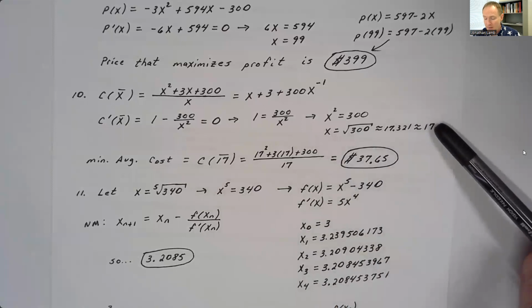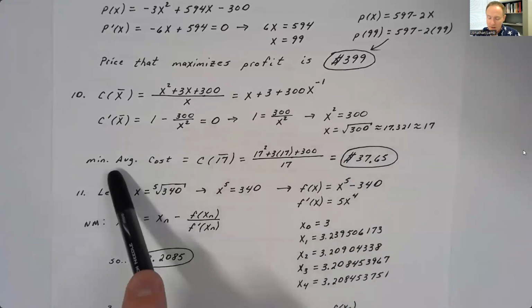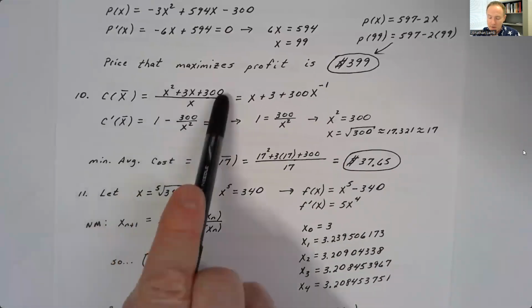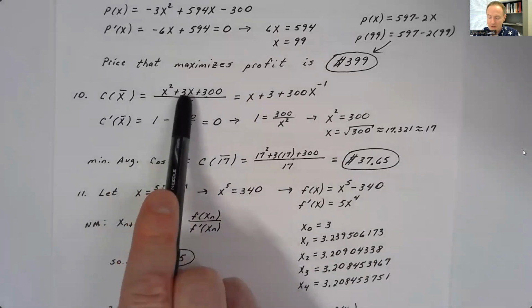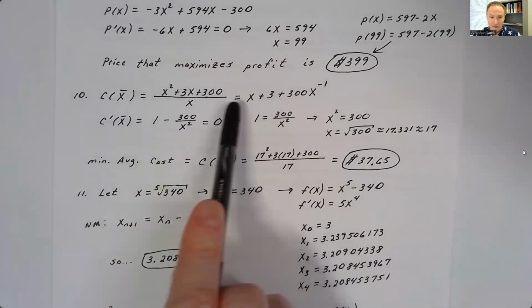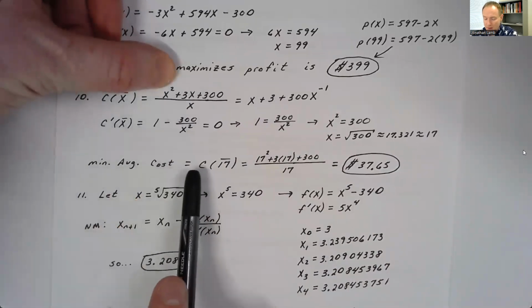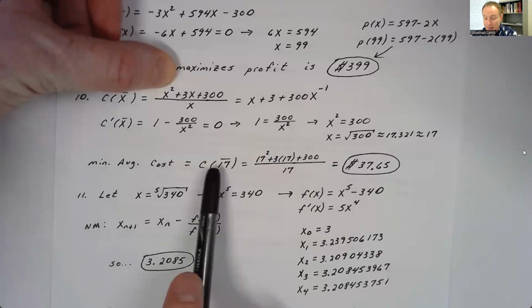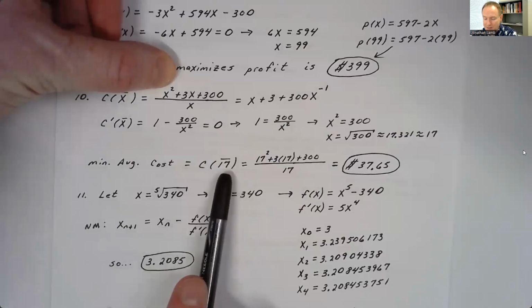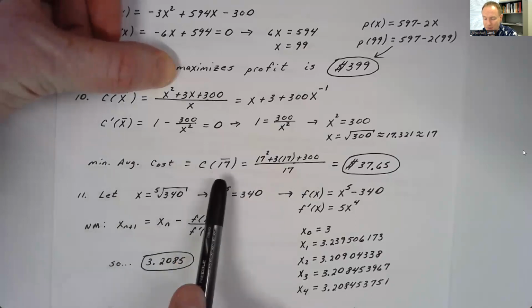Well, what is the minimum average cost? You would plug 17 back into your average cost function. You could plug it into either form, and it's going to be the same answer. I chose the first one, which is just the average cost function evaluated at 17. That's why I have 17 bar over it.